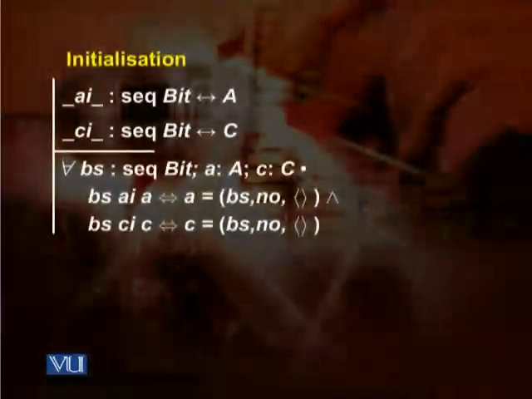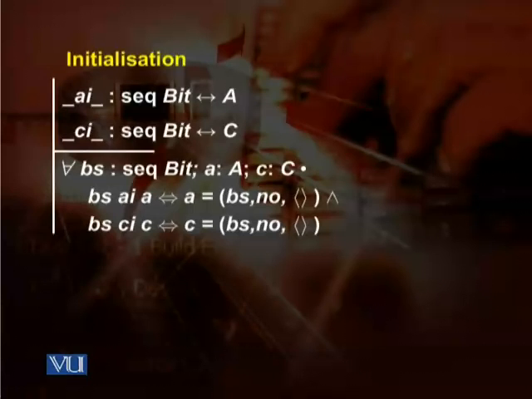Now we have the initialization. In this particular case, we have this AI and CI. Both of these take two inputs. It is an infix notation we are using here, and it gets a sequence of bits in both cases.